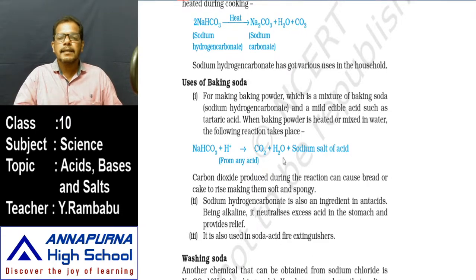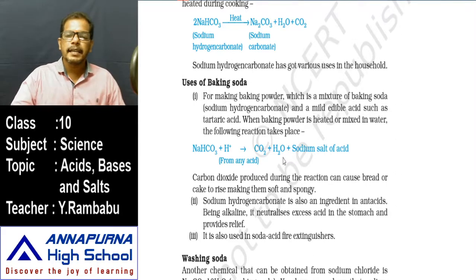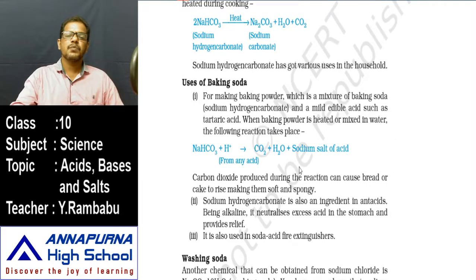Observe here the sodium salt of the acid is formed. Here sodium carbonate and H plus ions. H plus ions means it is an acid, we know. That's why the sodium bicarbonate and acid react, and carbon dioxide is produced. The carbon dioxide lets out by passing through small pores, so it becomes soft and spongy, and water is evaporated and the sodium salt of the acid is formed.